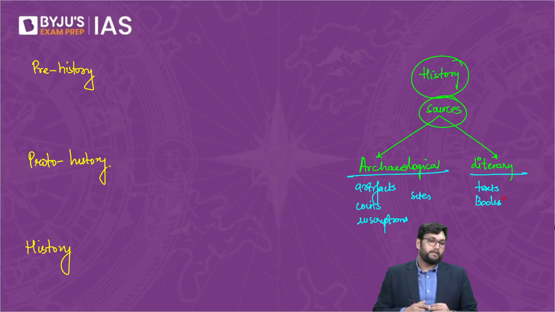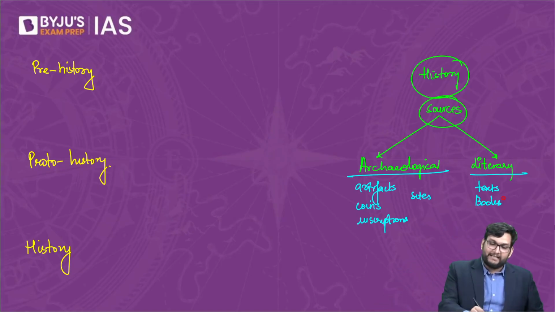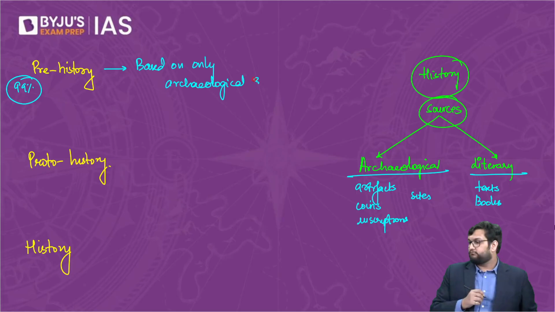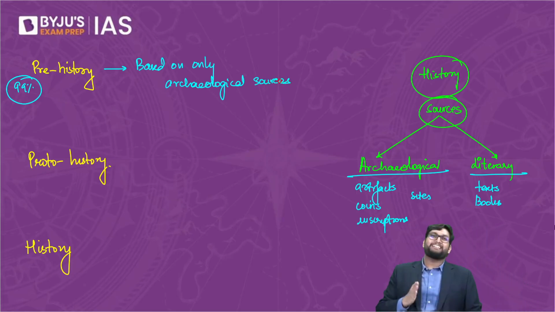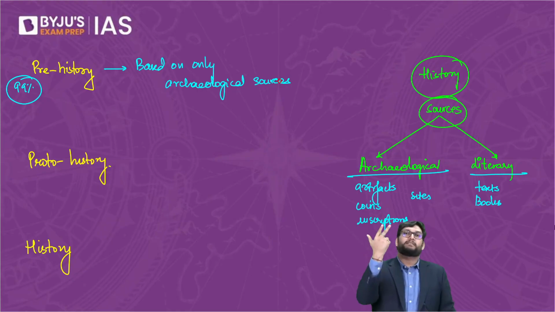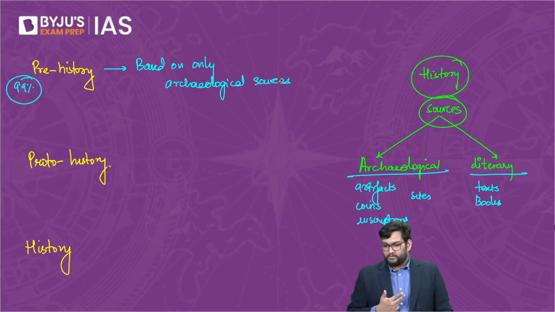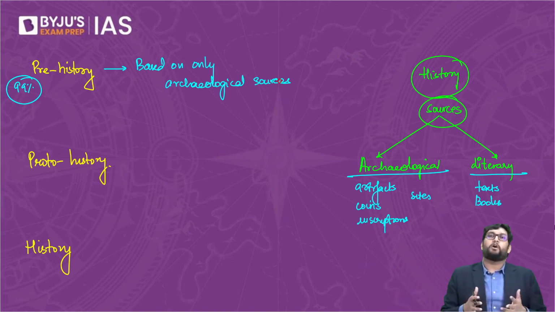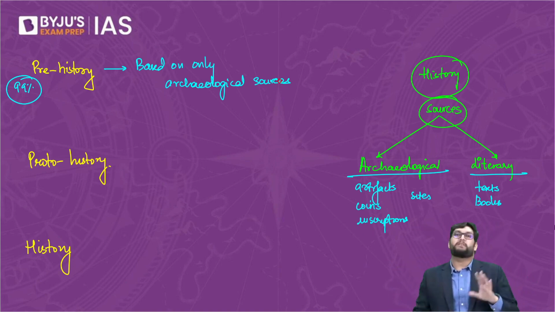Now, 99% of all history is based only on archaeological sources. Meaning, to write a text, you need language, you need script, you need a certain system. That we don't find for 99% of human history.